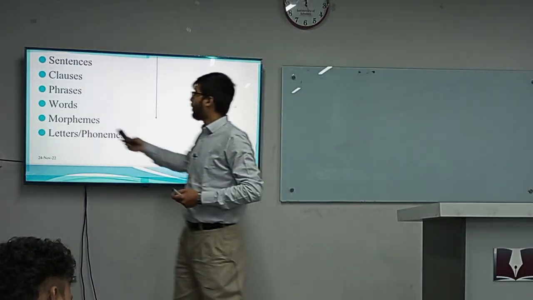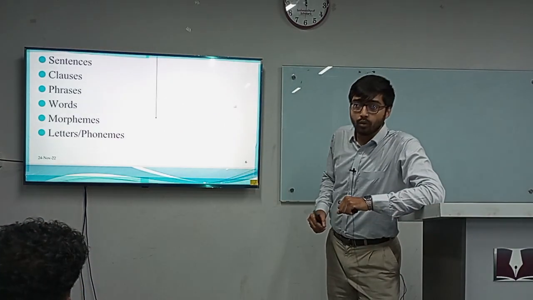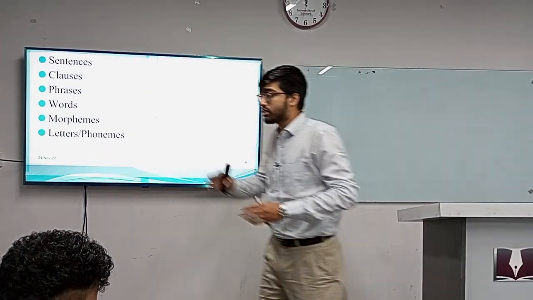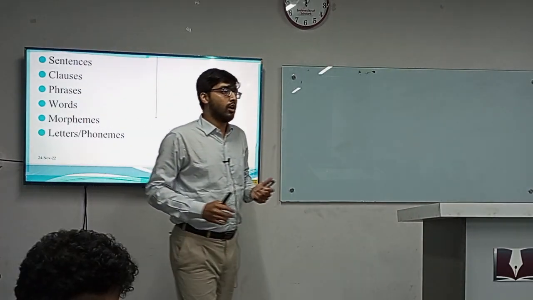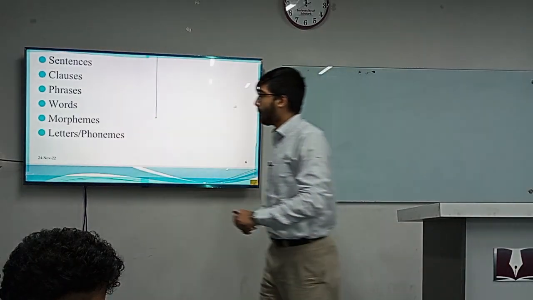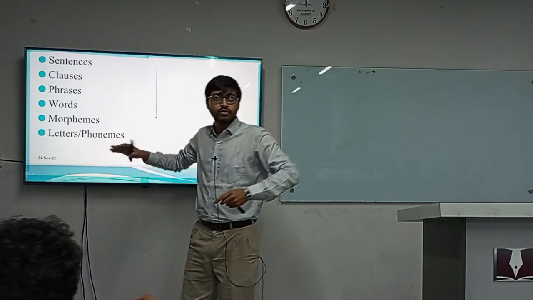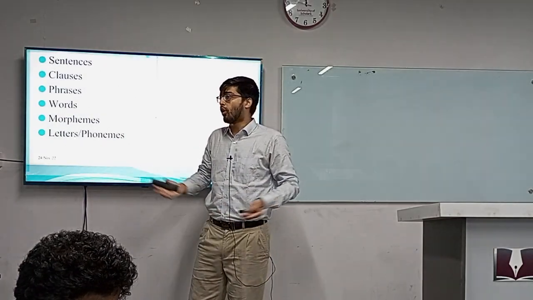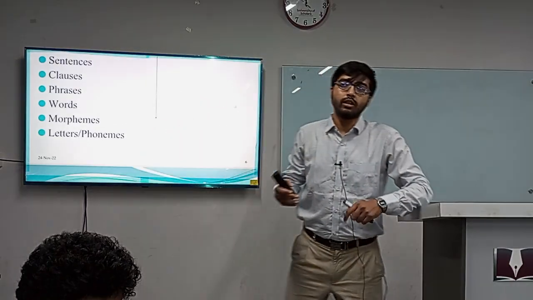Okay, then morphemes. That means a sound, but these sounds are combining with some meaning. Morphemes, morphology, that means the science of meaning. Phonemes is the very basic root form, and then morphemes, an advanced version of phonemes.